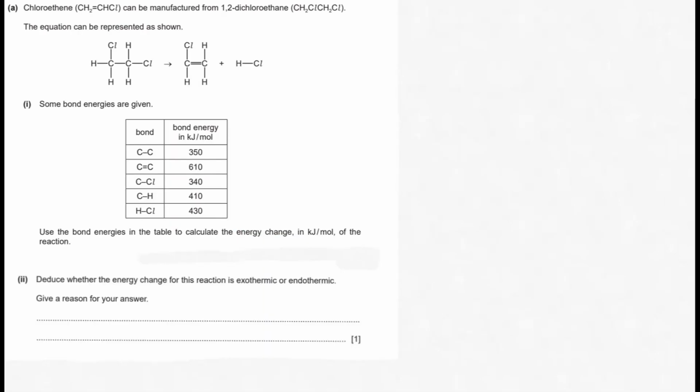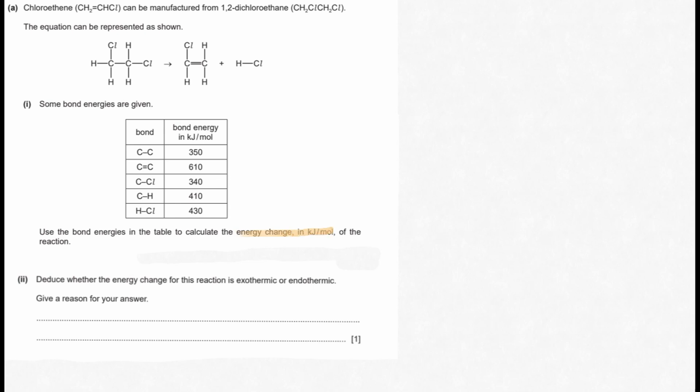So in this question, they say that chloroethene, which is a double bonded hydrocarbon, can be manufactured from 1,2-dichloroethane. Now the equation can be represented as shown: 1,2-dichloroethane, giving us chloroethene and hydrochloric acid. They then say that some bond energies are given in a table, and we need to use these bond energies in the table to calculate the energy change in kilojoules per mole of the reaction.